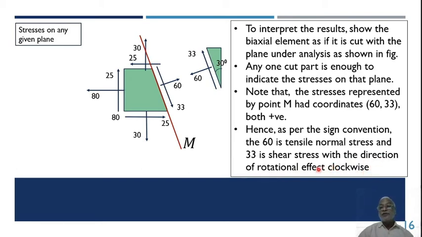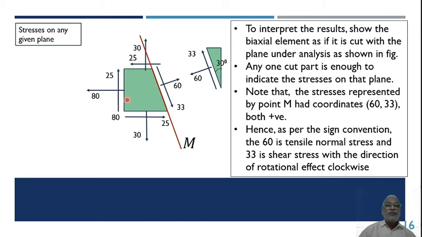What rotational effect? Clockwise rotational effect, because 33 is positive. When I draw for this, it will be clockwise; when I draw for this, it will be clockwise this way, right?